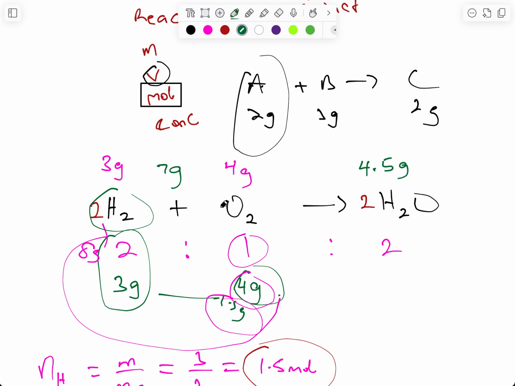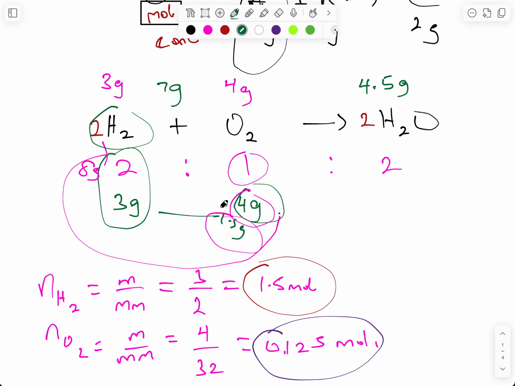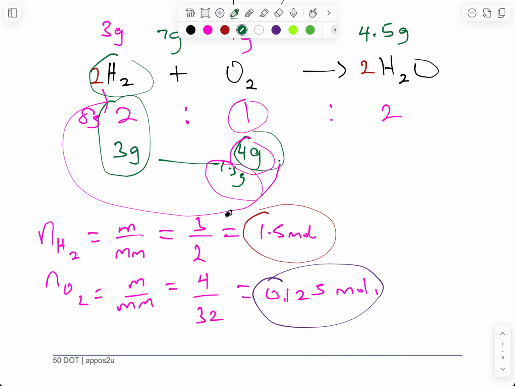So that means that 2.5 grams of a quantity was not used in the entire process. And what quantity is that? The quantity that was in excess, which is the hydrogen gas. If you look at the number of moles of hydrogen gas that would have been used in this process, it would be double of the 0.125 moles of the limiting reactant, which is 0.25. So if this is 1, then double of it is what will be required for hydrogen gas.